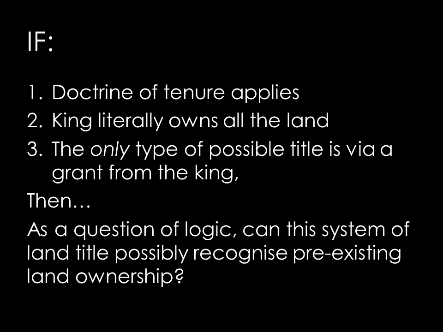If the doctrine of tenure applies, and if the king literally owns all the land as a consequence of the doctrine of tenure, and further, if the only type of possible title is via a grant from the king, then I ask you as a question of logic whether this system of land title can possibly recognise a pre-existing land ownership.